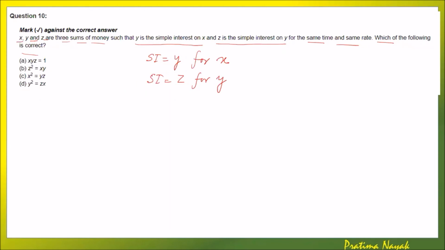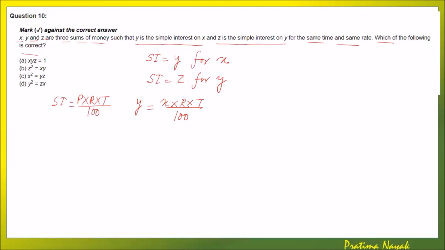So let us write the expression. So Y is equal to simple interest is equal to X multiplies your rate multiplies your time by 100. Y is the simple interest. Simple interest is equal to P into R into T by 100.